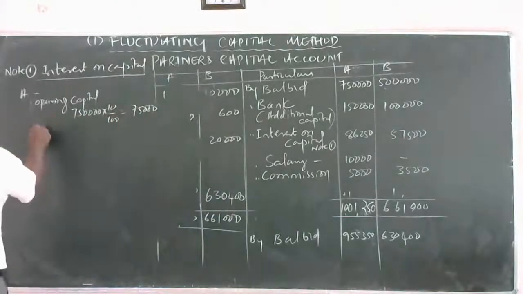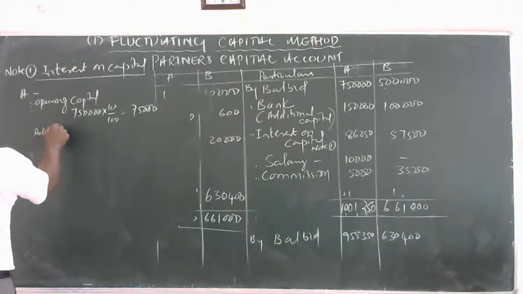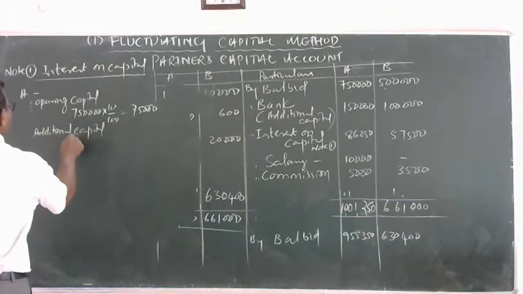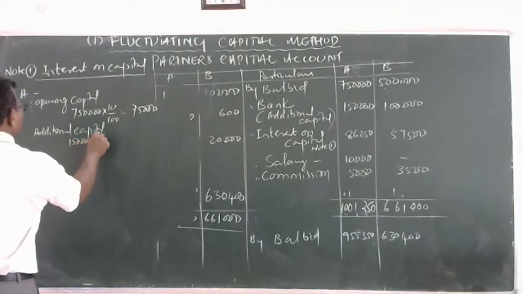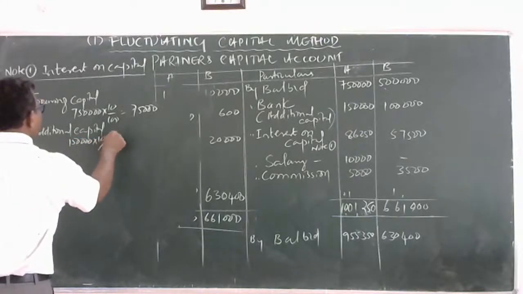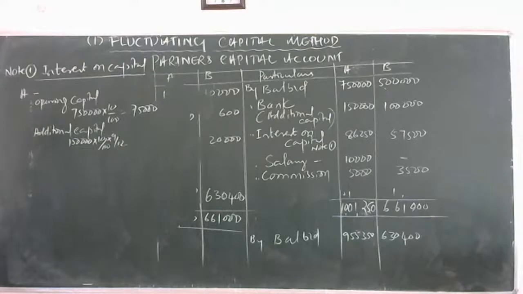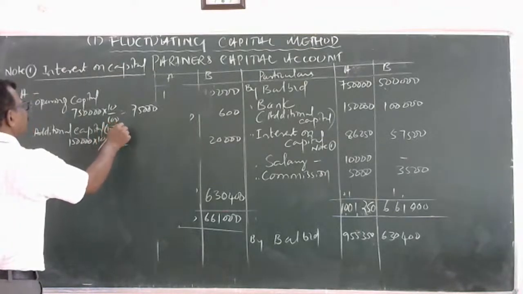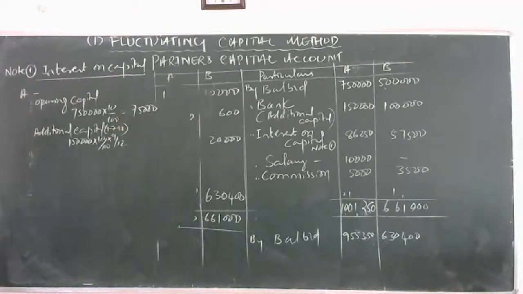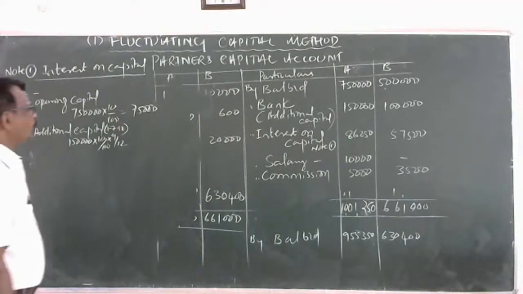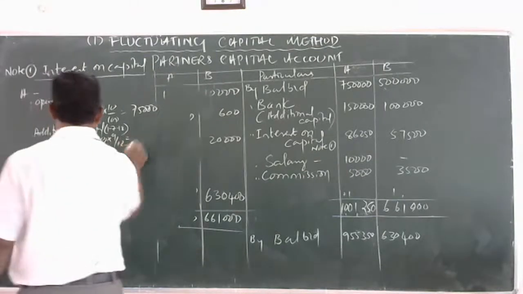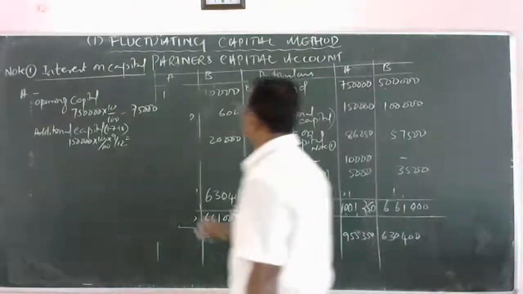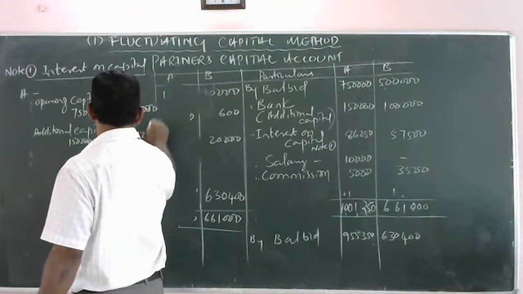75,000. On additional capital is 1,50,000, 10% for 9 months. Additional capital is on 1/7/2018. Therefore, additional capital interest is 11,250.